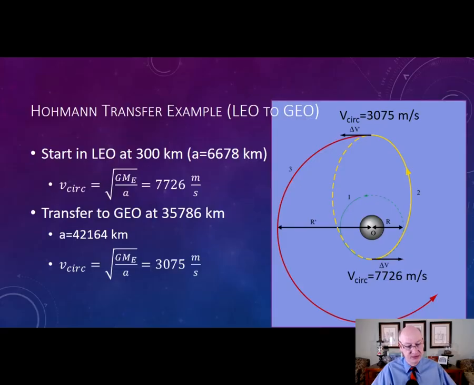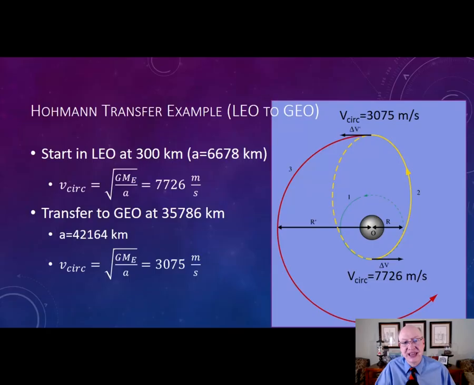So that's how fast I'm traveling down here. In this final circular orbit up here, how fast do I need to be traveling? Well, the answer is 3,075 meters per second, right? And that's just taking the orbital radius of geostationary orbit, which is 42,164 kilometers, plugging it into the circular orbit velocity equation, and we get 3,075 meters per second.